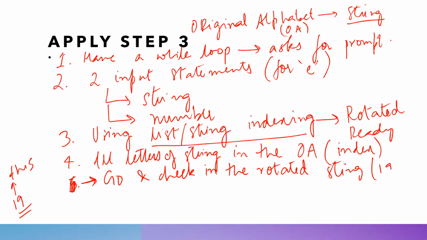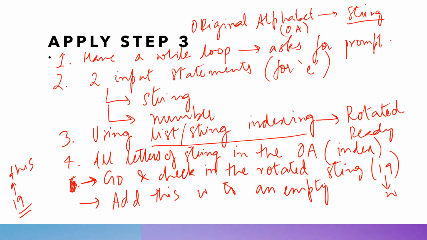For example, at 19 there is W. So add this W to an empty string, and then keep adding every element as we keep getting the element while looping through. This kind of suggests that we need a loop here, as we are scanning through each letter of the string. First, I'll go and check the original alphabet, use a dot index or something, find the position, and then find the corresponding element in my rotated string and keep doing that.